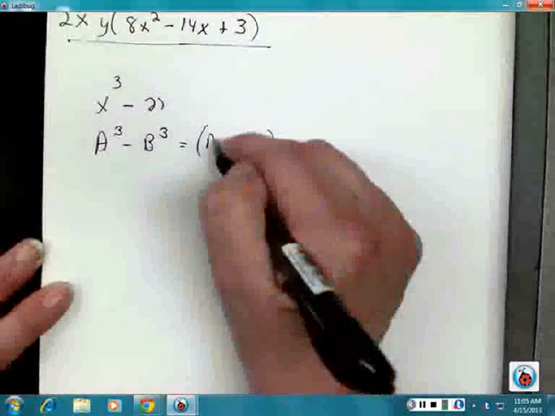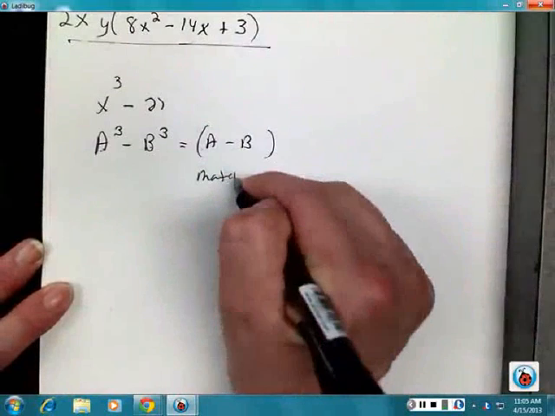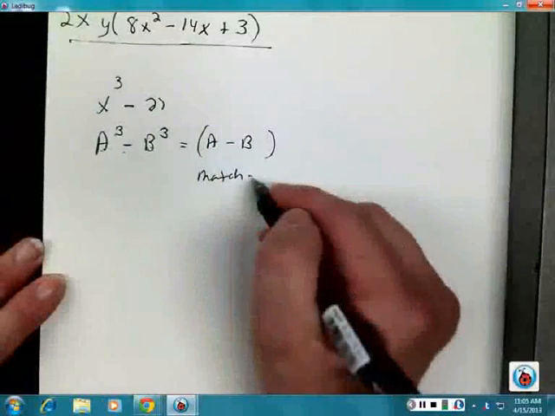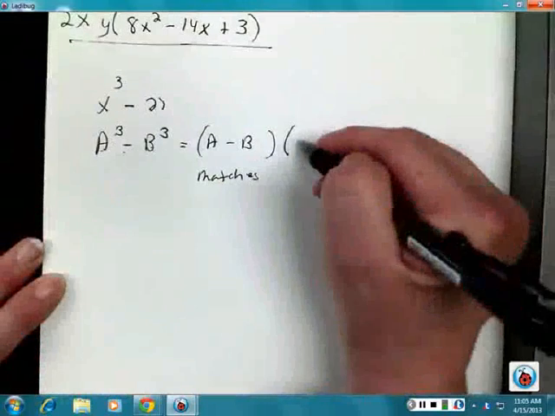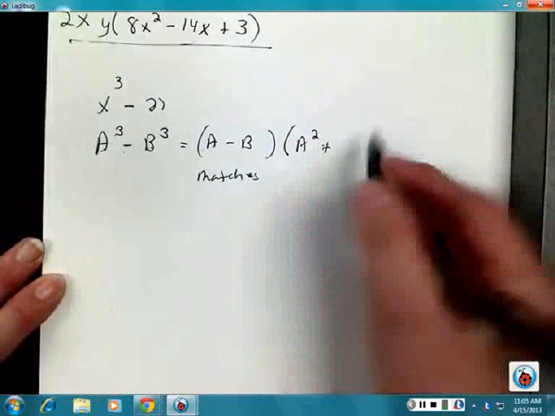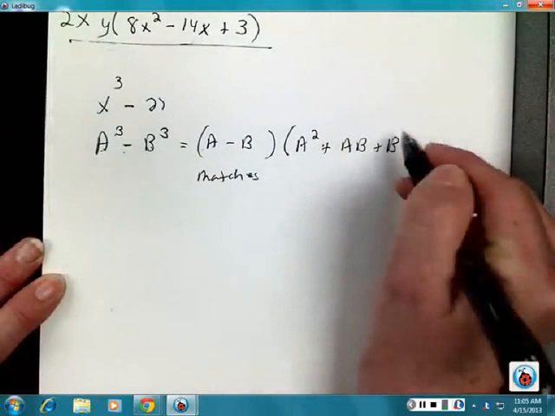It's going to be a minus b, because this part matches the very first piece. And then the second part is a squared, opposite sign, so it's an addition: a times b plus b squared.